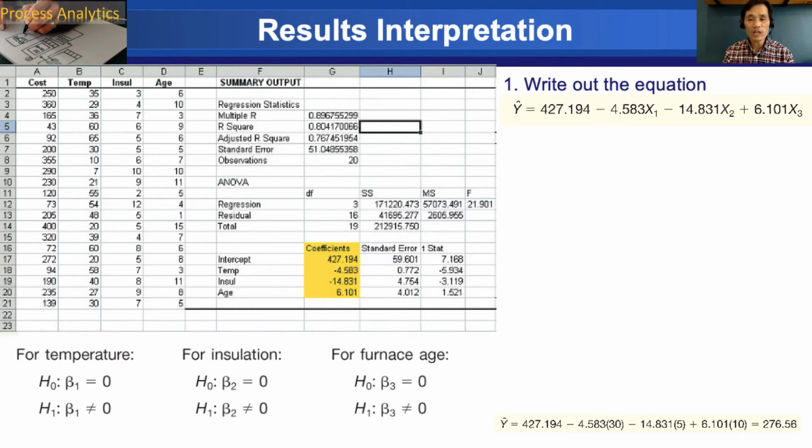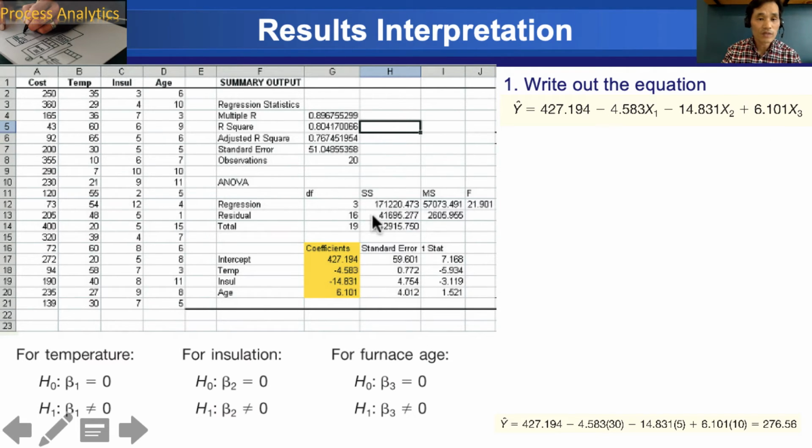Let us first write out the equation. To do so, look at the coefficient table. We can write y hat equals 427.19 minus 4.5 x1 minus 14.8 x2 plus 6.1 x3.